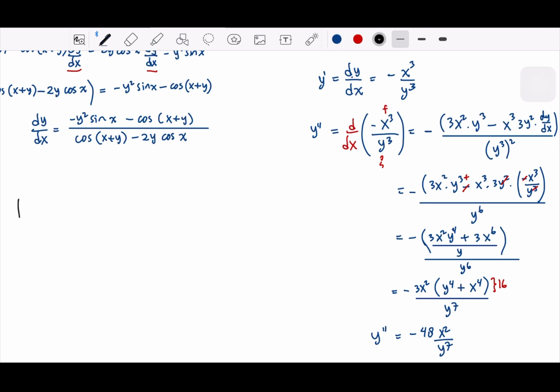Find y double prime from this. Okay, I don't think we can solve this today because you see this is y double prime, so it's supposed to be similar to this one.